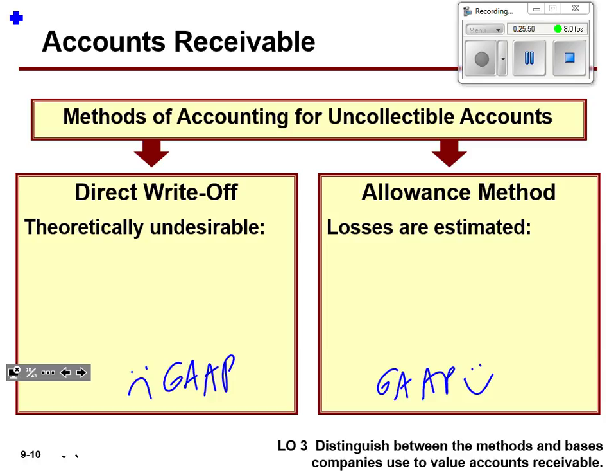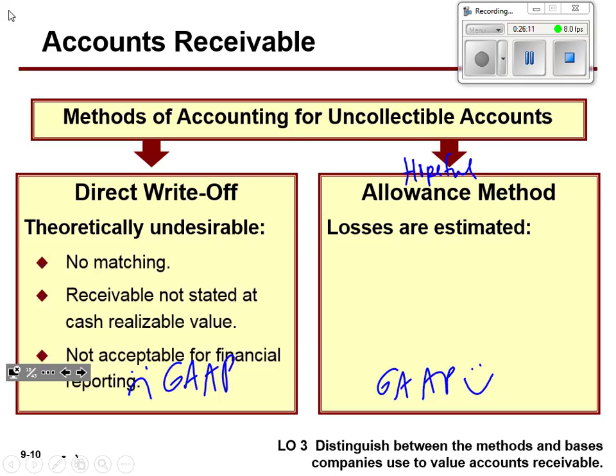I always call the allowance method the hopeful method because we're hopeful that we can recover our money. In the cases that we just saw, $9,000, $7,000, that's a lot of money. That's a lot of ARs tied up in balloons. Direct write-off really messes with the revenue earned.